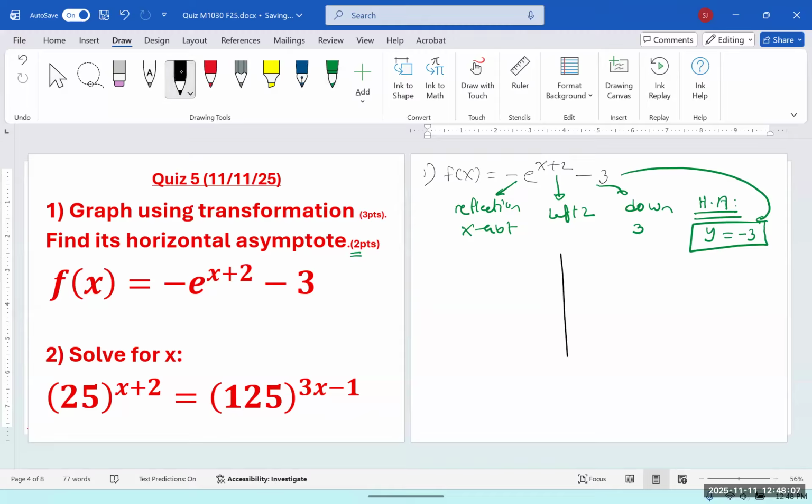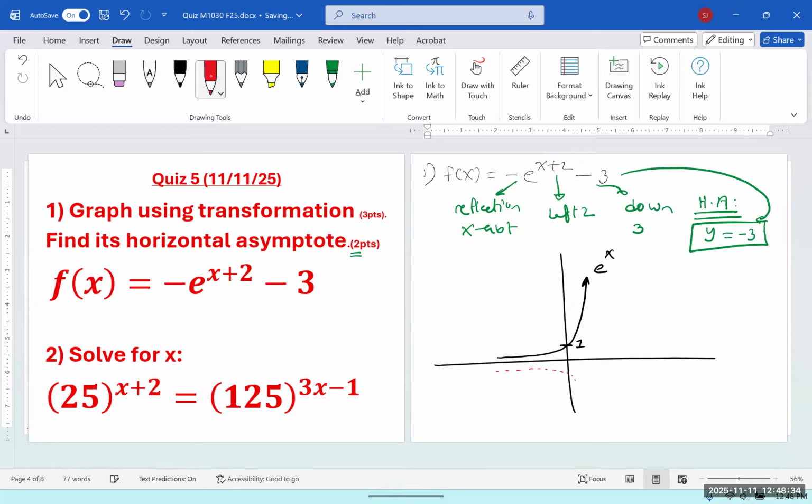Okay, then when you draw, it's down and left. The original graph, you always should draw, whether I tell you or not. So the original graph goes through the y value 1. We have e to the x. You are taking this graph and reflecting about the x-axis.